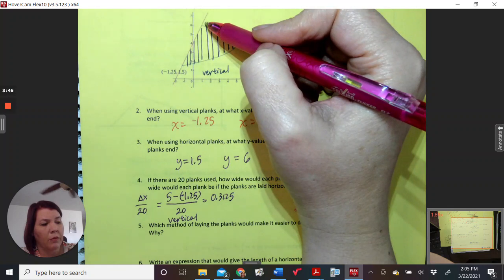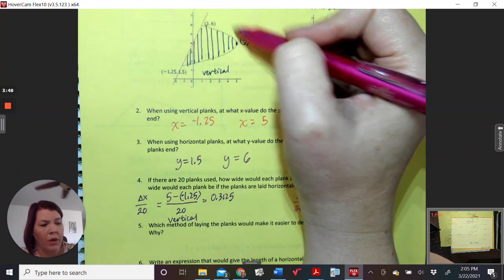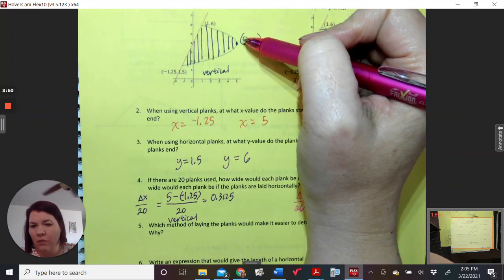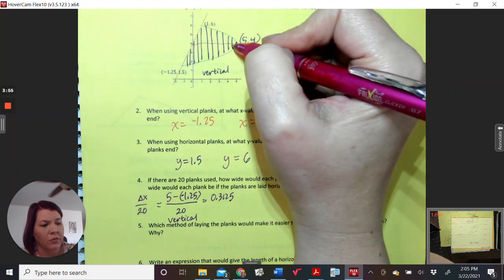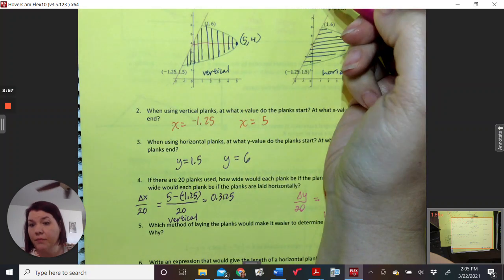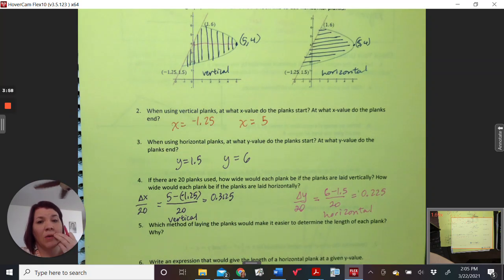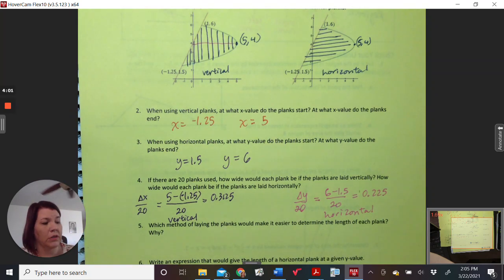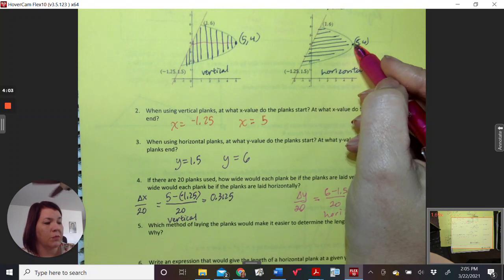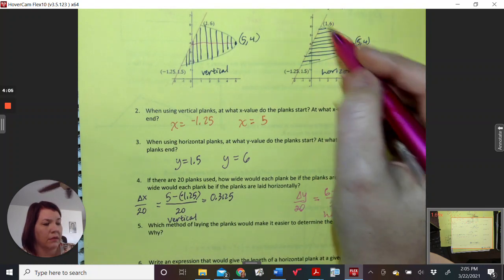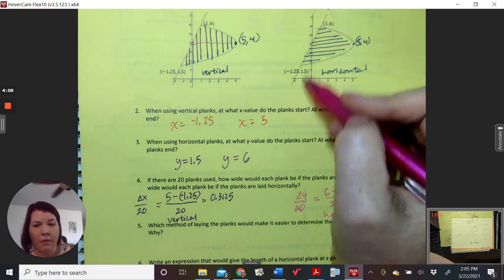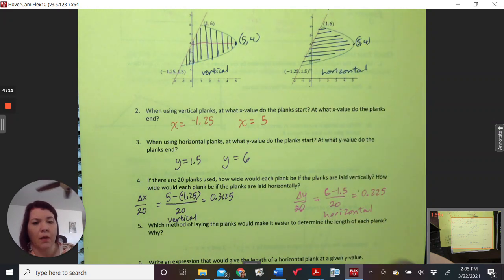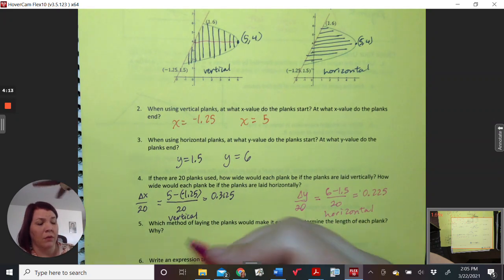But from 1 to 5 on this, I'm going on the same curve, which is weird, which means I would have to define it in terms of x two different ways. Okay. So in that sense, I need more definitions. This one would just be the right curve minus the left curve. Curve on the right minus the curve on the left. So I think it's horizontal by a lot.